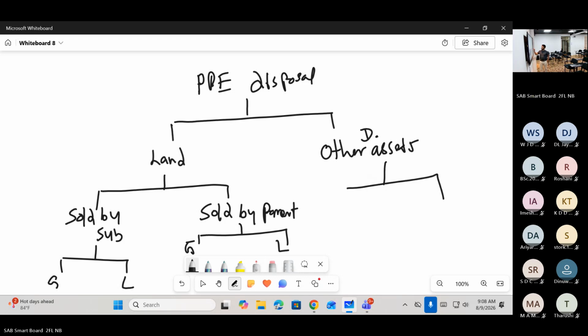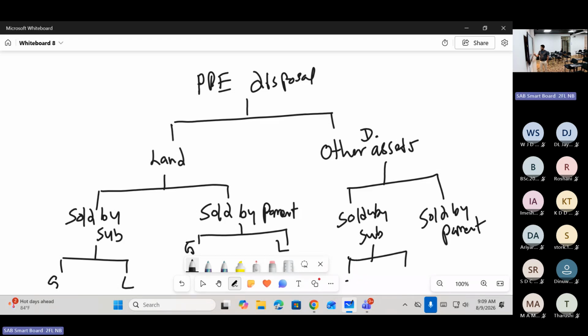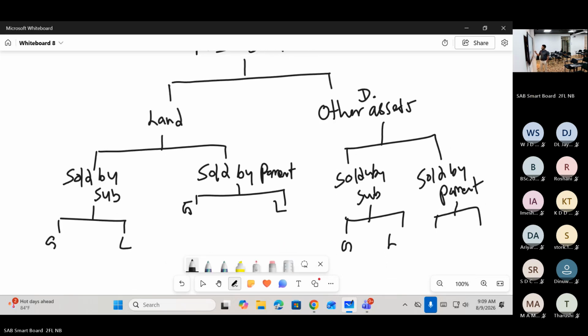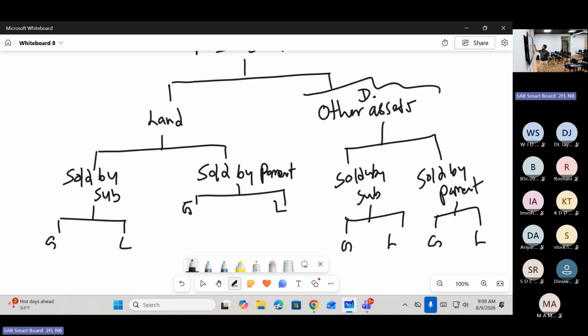Again, same way. These are all the scenarios.